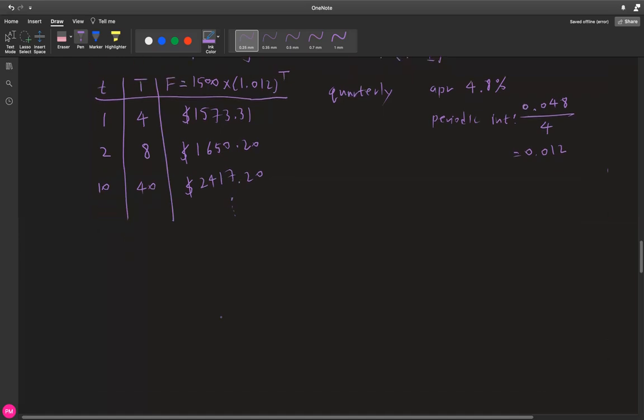So let's look at the same scenario, and let's say the APR is still 4.8%. So in other words, R is 0.048. And let's say now it's compounded monthly.